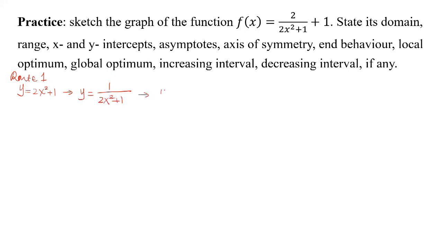And then we stretch the previous function by a factor of 2 vertically, right? And then we can just translate the function in the previous step by 1 unit up, right? And this is our final function here.